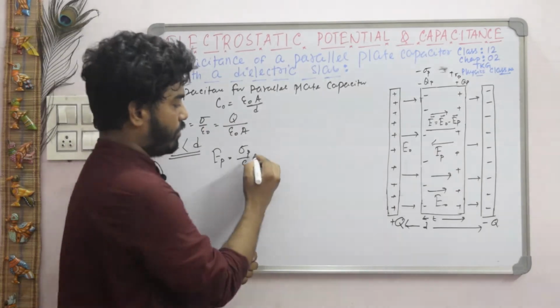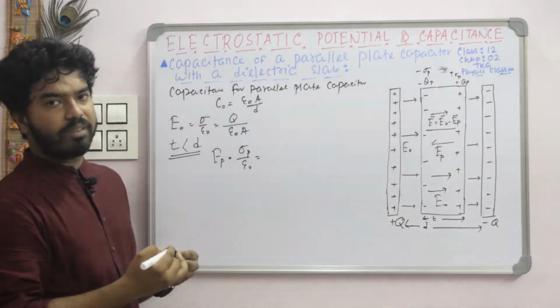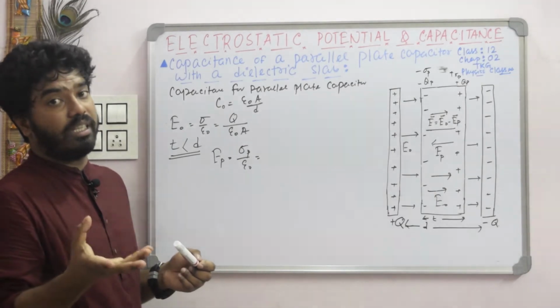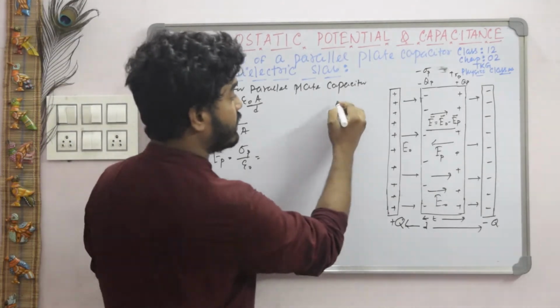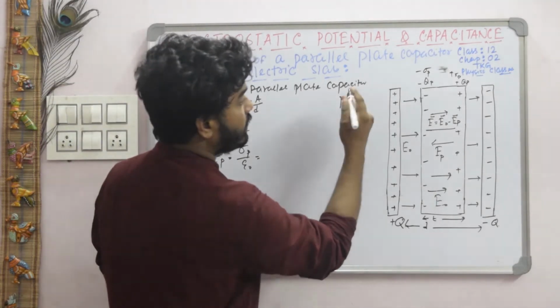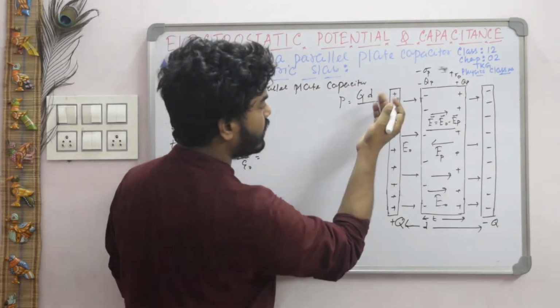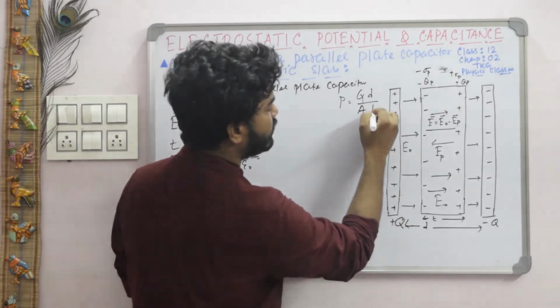Now recall the previous class, where I derived that sigma P is equal to the polarization density P. Polarization density means the induced dipole moment, that is charge into separation, divided by volume, that is area into length.